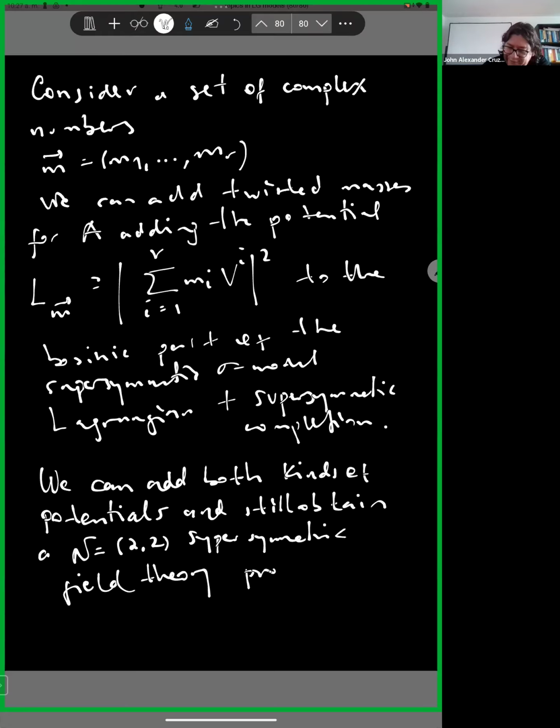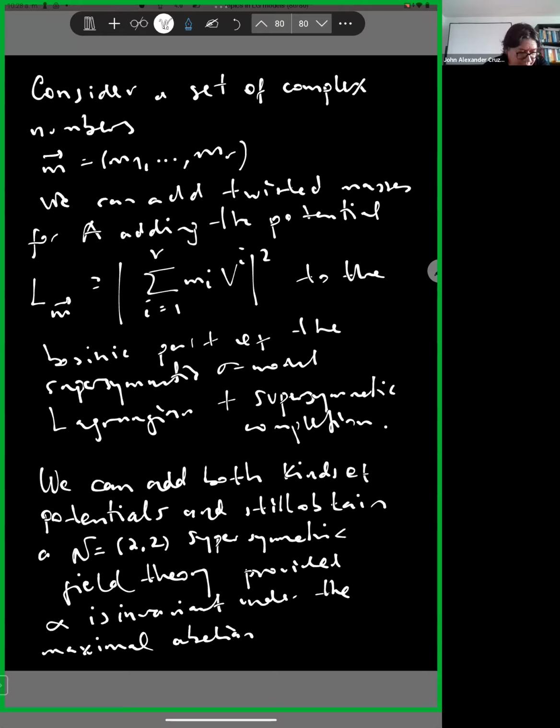Then we need the following: provided that this alpha, the one-form, is invariant under the maximal abelian group of symmetries, right? That's the thing.